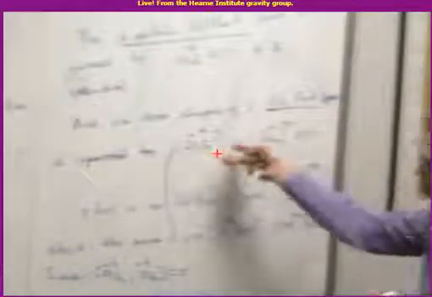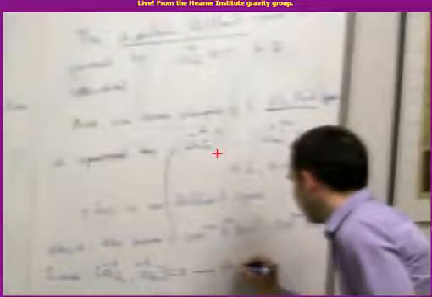You can change the order of particles and nothing happens. That is equivalent to changing the order of creation operators. So these states are symmetric, therefore this theory describes bosons. So this is a bosonic construction.